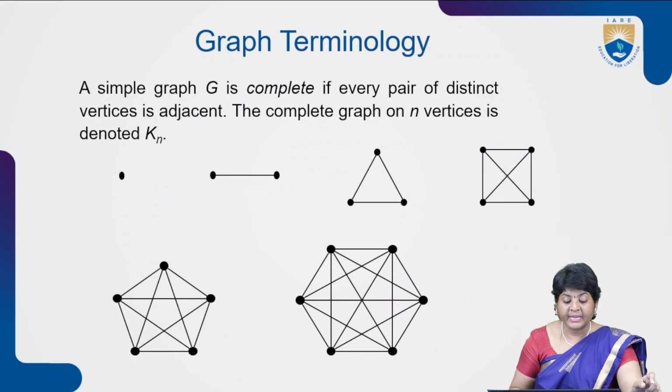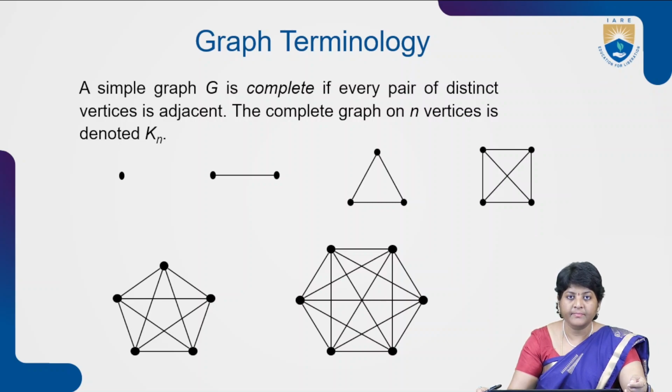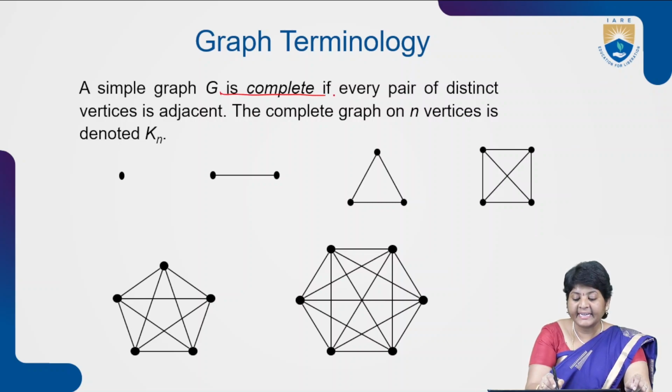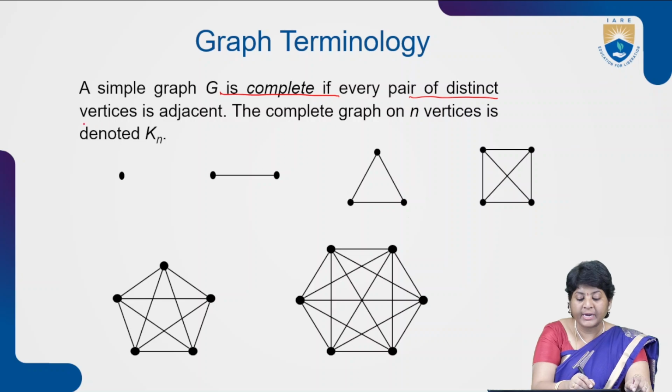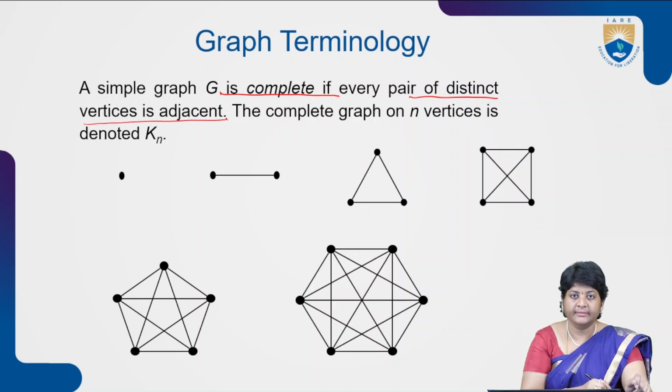The next topic is the complete graph: how and when we say a graph is complete. A simple graph G is complete if every pair of distinct vertices is adjacent.